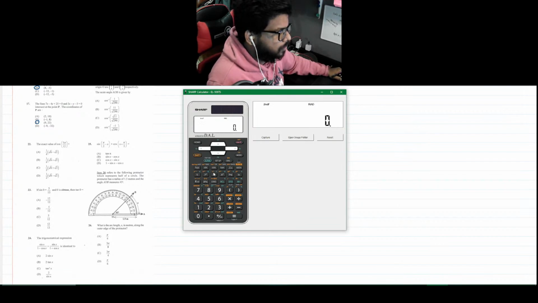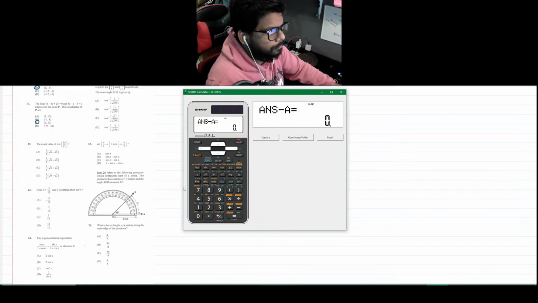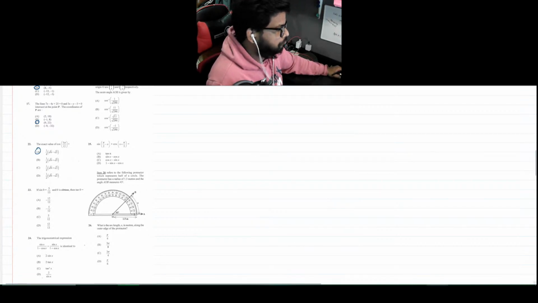Root 6 minus root 2 divided by 4. Take away the answer. A is 0, so A is the answer. Not bad.